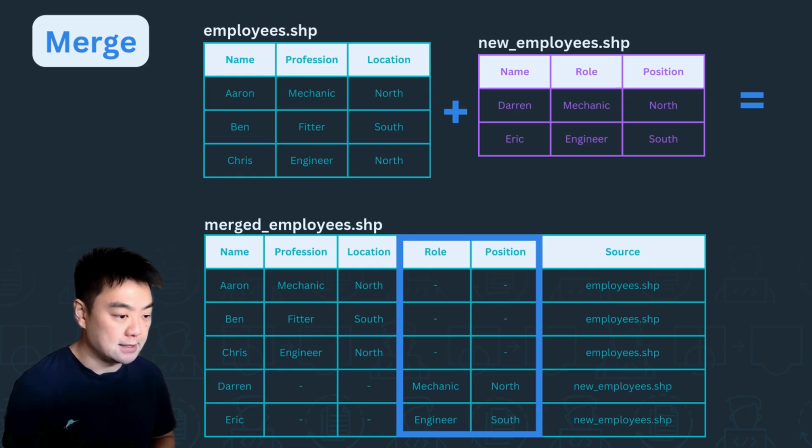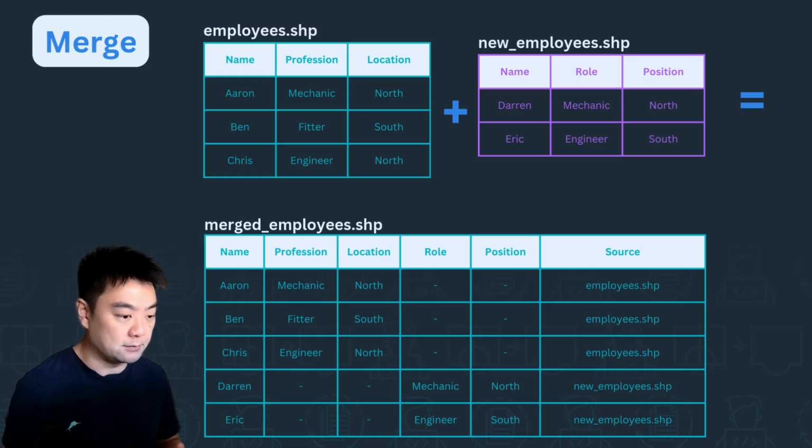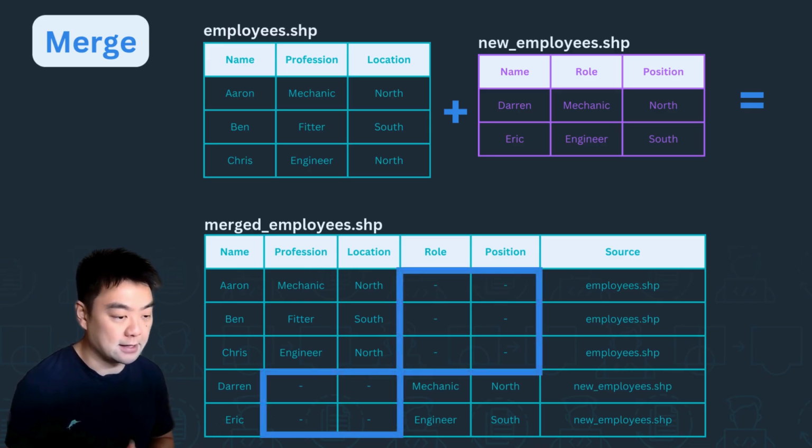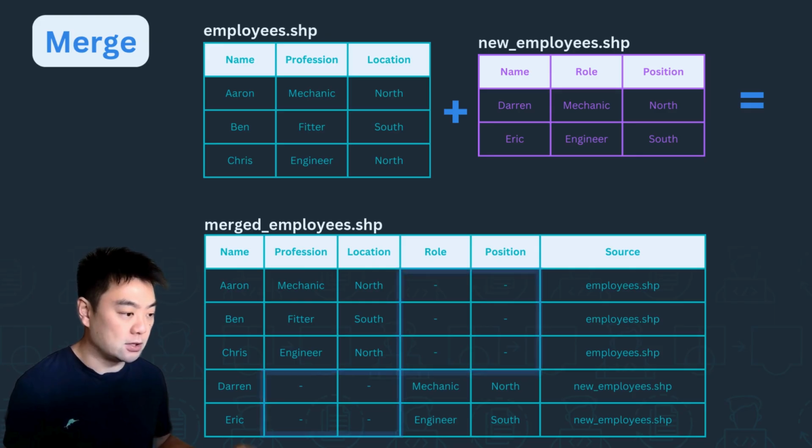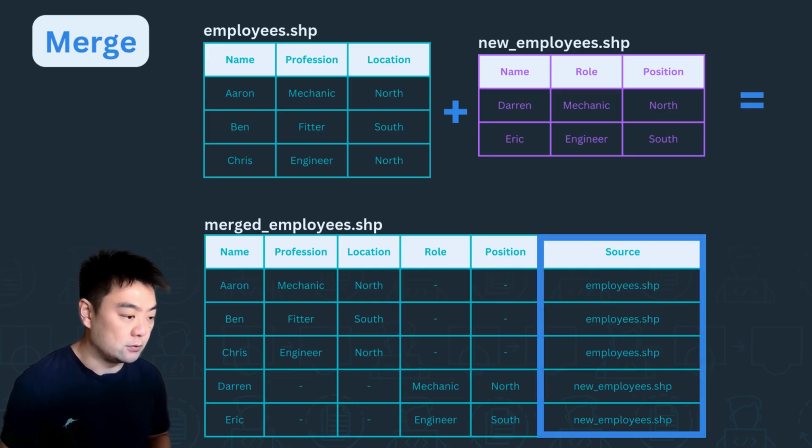So you can see that we've got missing data in certain types of columns, but at least everything's together in one place. Finally, you've also got the sources column there, which tells you where the data has come from. So we can see the first three records, we've got the employees.shapefile as a source, and the last two records have the new employees.shapefile. Okay, so now we know how the merge will treat our data in Geoflip.